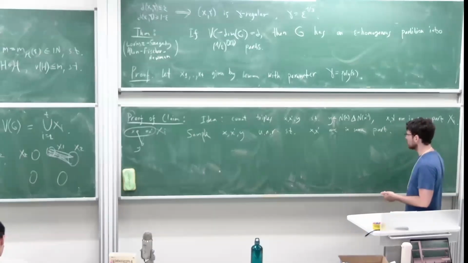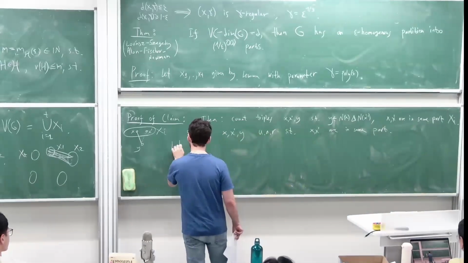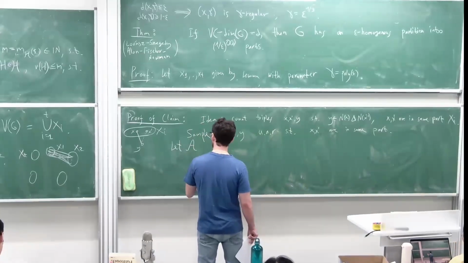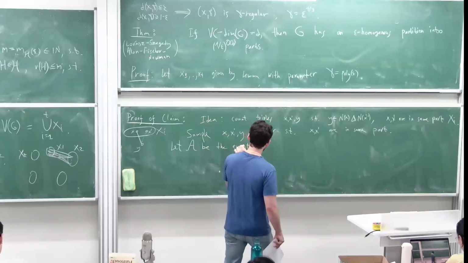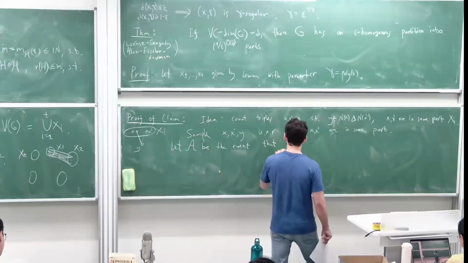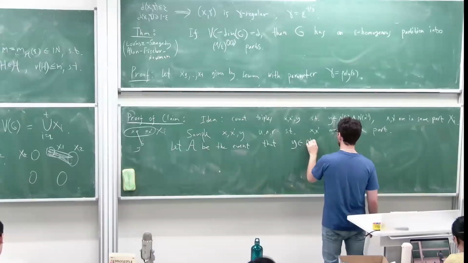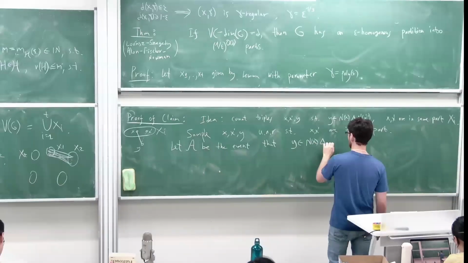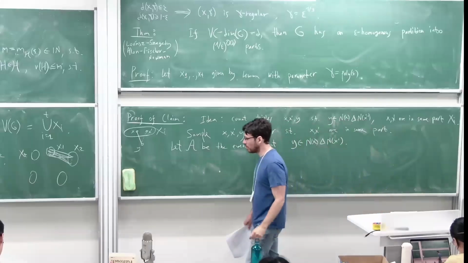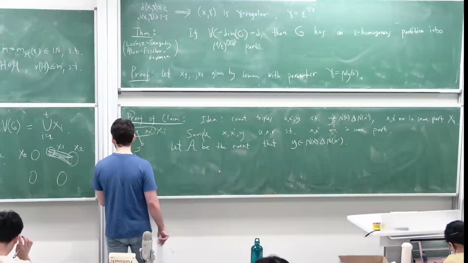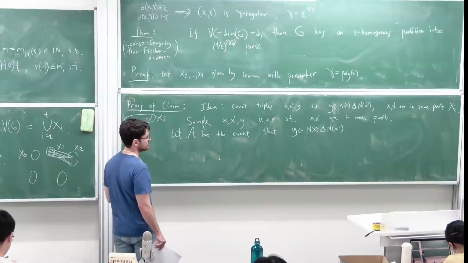We sample x prime. And let A be the event that y is in the neighborhood of x symmetric difference with the neighborhood of x prime. So we can show that A has small probability.